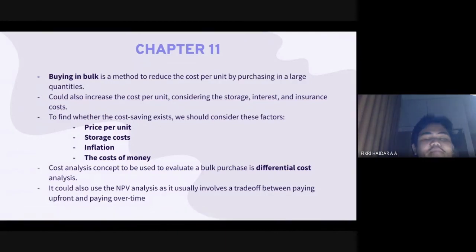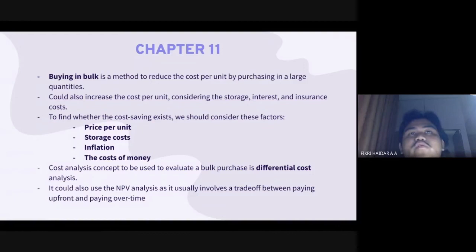For example, if you buy a 3-year supply of ready-to-eat food instead of buying per year, it will require a larger amount of storage, right? So you could decide whether it would be necessary to add a storage facility or to rent more space, or whether you could use a space that is free.